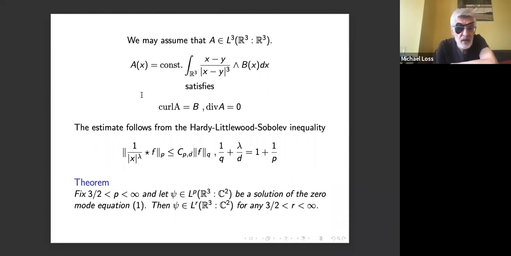Here's an interesting theorem about the solutions. If you have any zero mode solution in LP, for some P strictly bigger than 3/2, then you know with this assumption that the A is in L3, that the psi is actually in LR for any R strictly less than infinity and strictly bigger than 3/2.